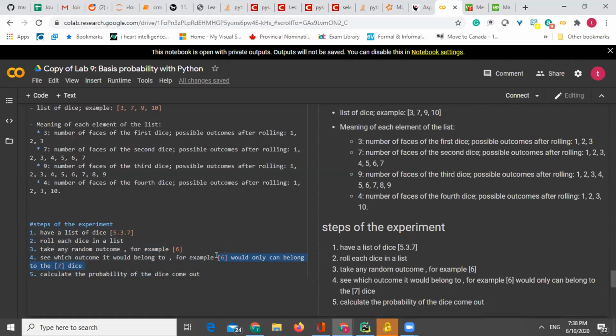Okay, we can do it. First, you get a list. It's not only a list you get at the beginning; you get another parameter too for solving the problem. You get a list of dice and a random value, a random outcome.